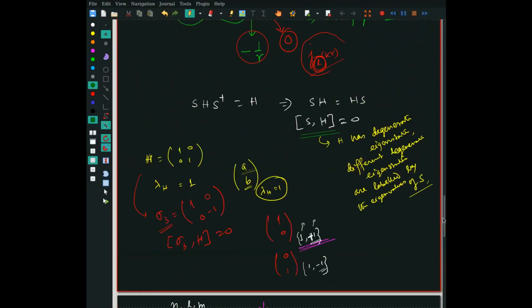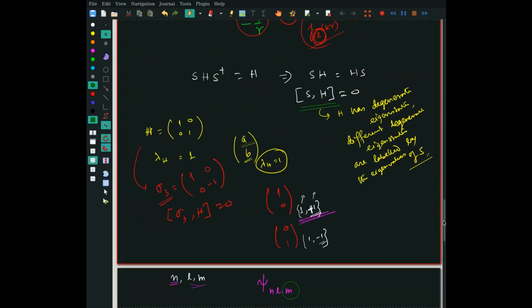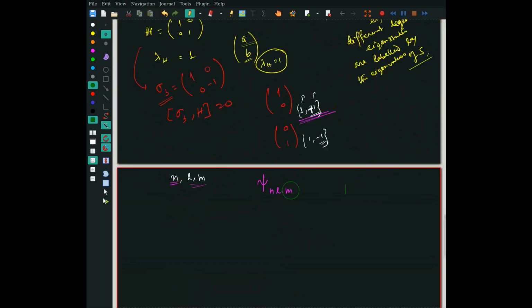Since it has a rotational symmetry, and the generator of rotation about the z axis is Lz, and since Lz commutes with H, I can use the eigenvalues of this Lz to label my degenerate eigenstates of H. The eigenvalue of Lz is just m times h cross, and that's why I use the labeling m.